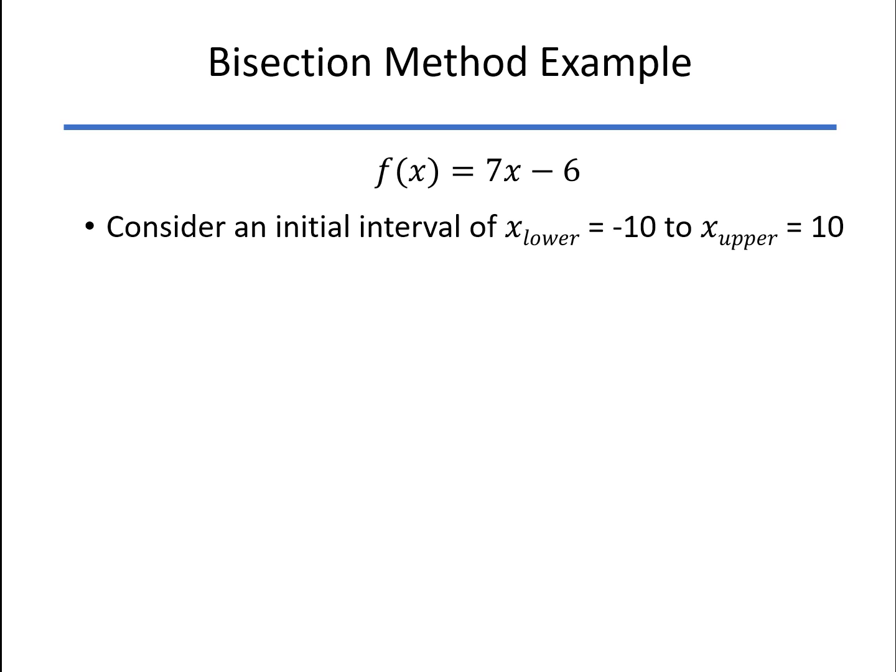Now, we start out by saying we're going to let x vary between minus 10 and 10. If I evaluate the function at those upper and lower limits, I'll see, okay, one's negative, one's positive.